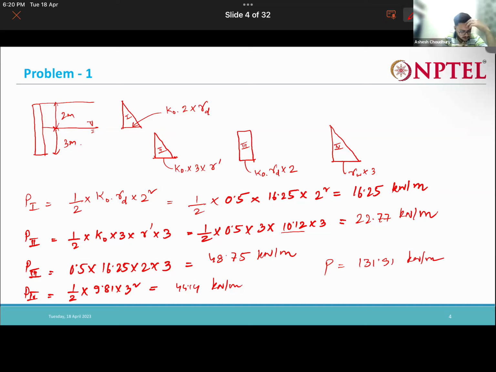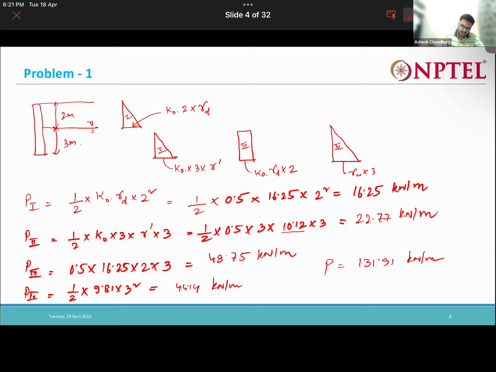Please check the values once, okay? Are these okay? Yes. Okay.